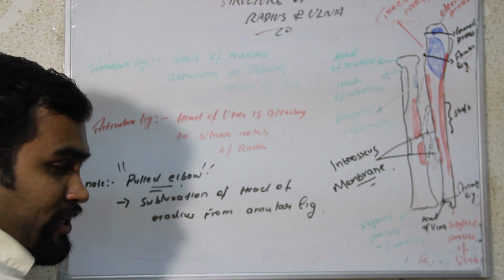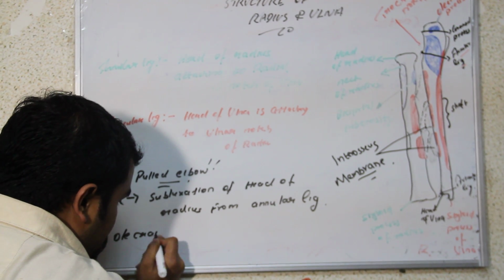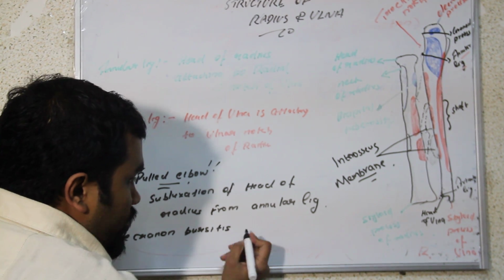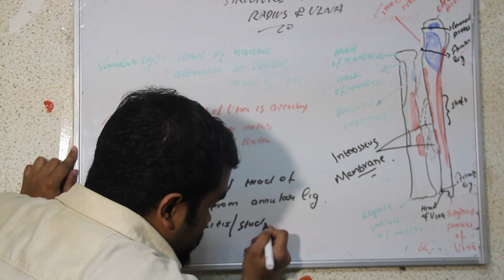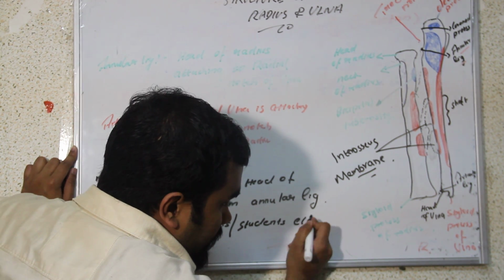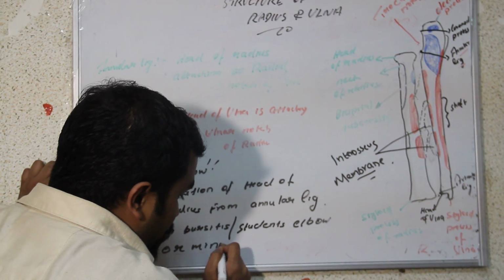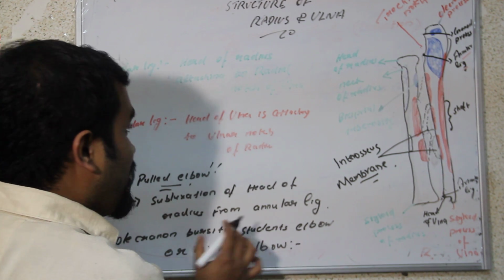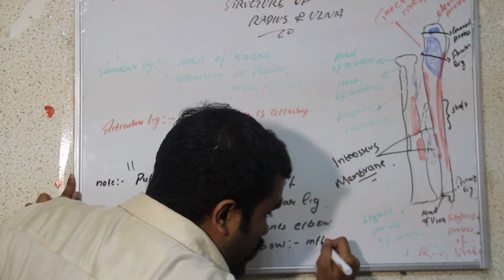Olecranon bursitis is also known as student's elbow, or miner's elbow. It is just the inflammation of the bursa over the olecranon process.